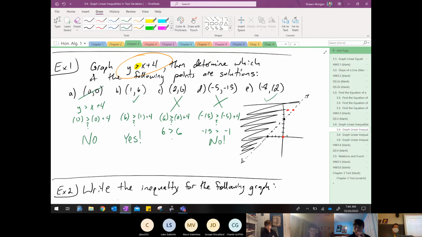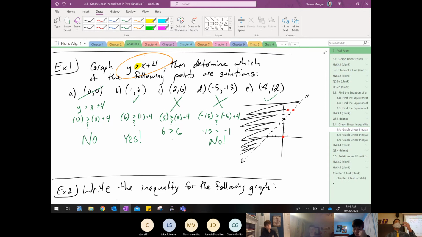Good, George. Greater than or equal to. In that case, what kind of line would we have drawn? Well, all lines are straight. A solid line. We would have drawn a solid line, and therefore we would have included that point in our solution set.